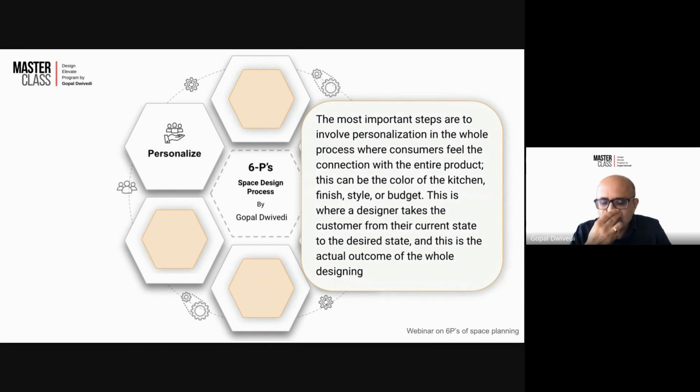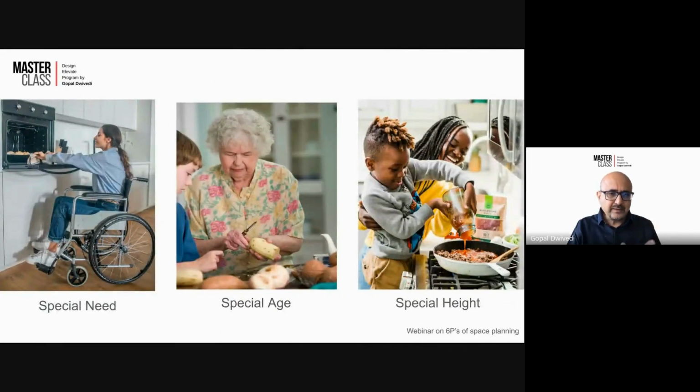It's not difficult to change red color shutters to white color shutters without changing any of the previous P. It's very easy to reduce a certain unit height or change the location of an oven without affecting any of the previous P. It is very easy to change the material from particle board to MDF to HDF to ply without changing any of the previous P. By understanding the personal need, you can actually go deep into the customer connect.